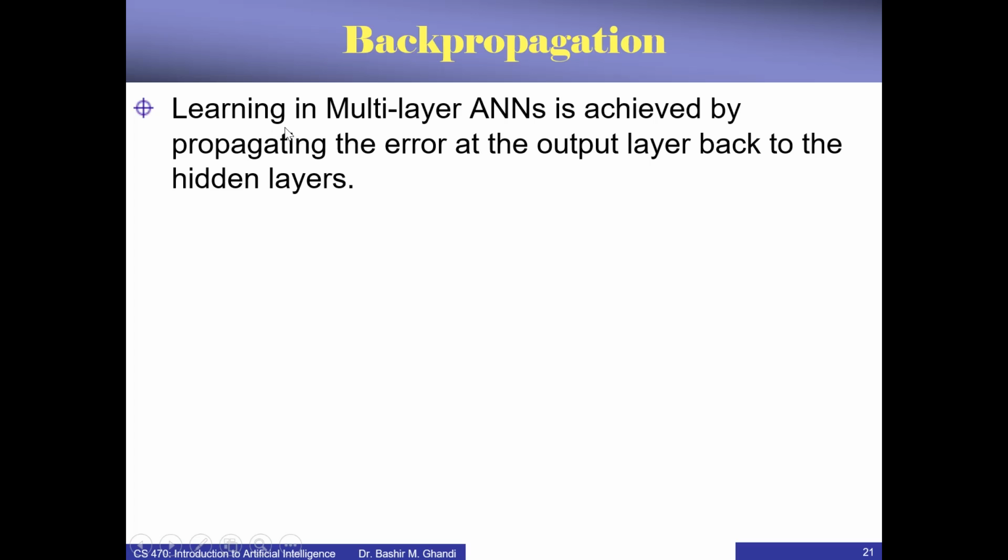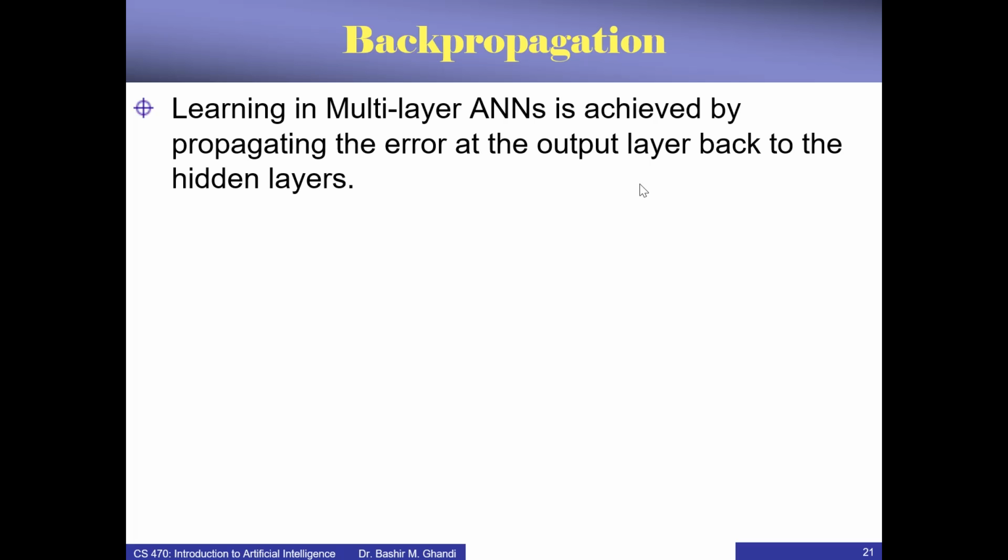So let's go through. Learning in multi-layer ANNs is achieved by propagating the error at the output layer back to the hidden layers. This is basically the main idea. So you cannot do the adjustment until you get the final output, which is obtained at the output layer.